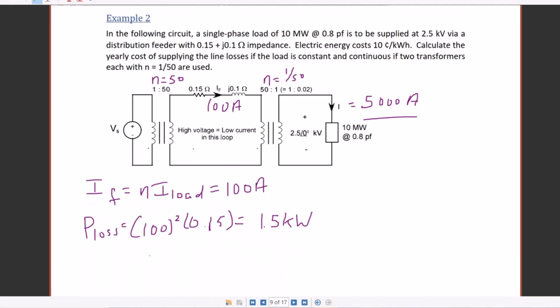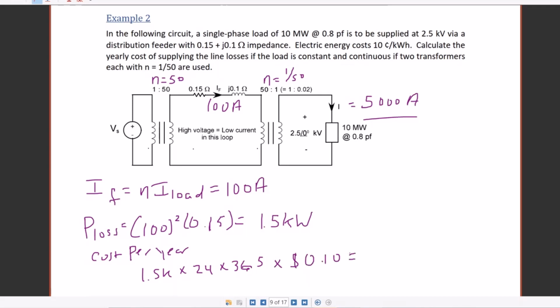So now let's figure out how much that is per year. So that's cost per year lost. So that's 1.5K times 24 times 365 times 10 cents.